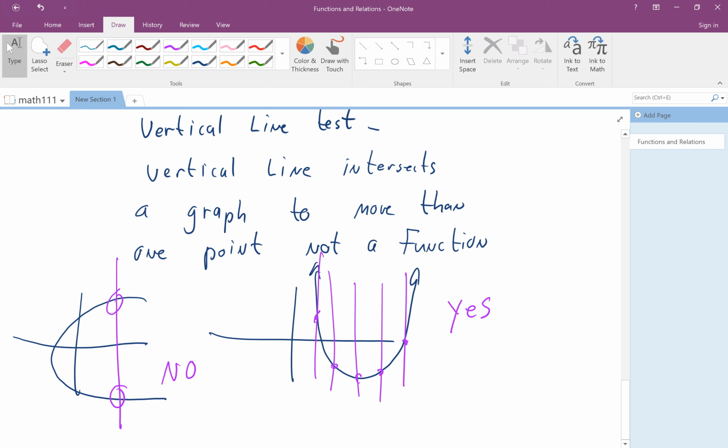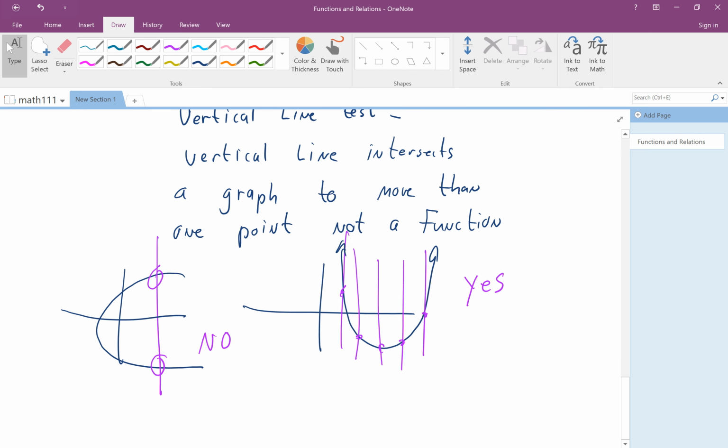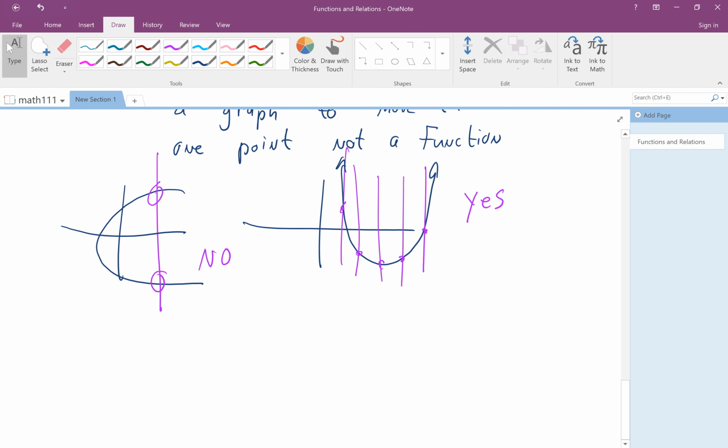We'll do a couple examples. We'll kick open some Desmos here in a little bit and graph some things and talk about domain and ranges. I'm assuming that you've seen the vertical line test before, but it's good to have a little review with it.